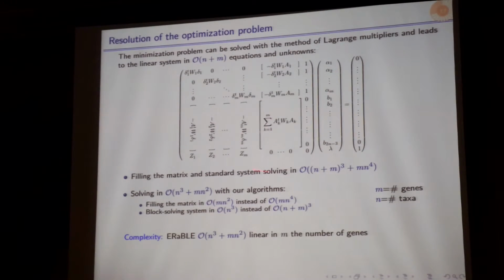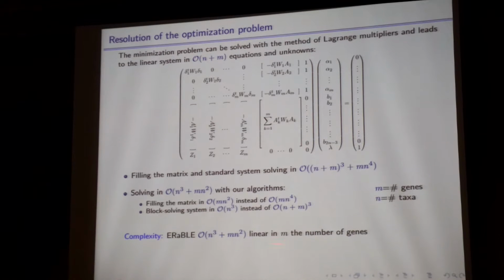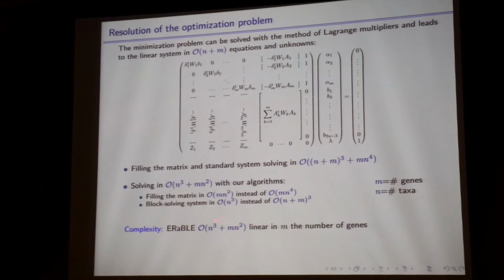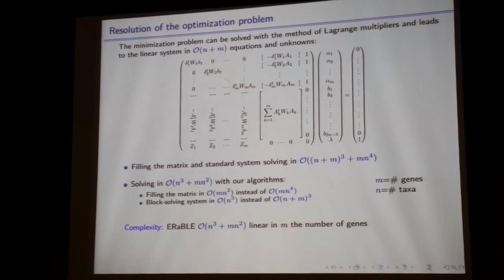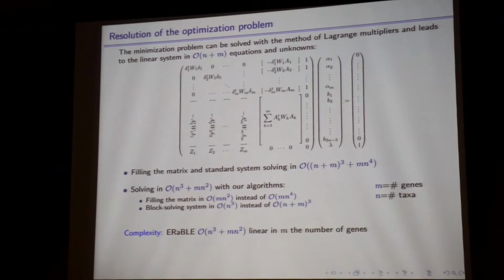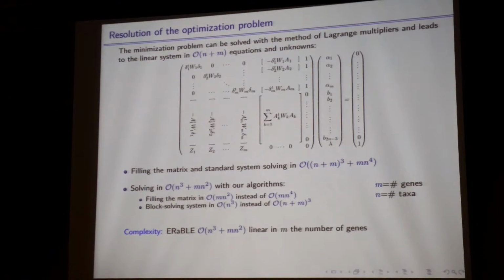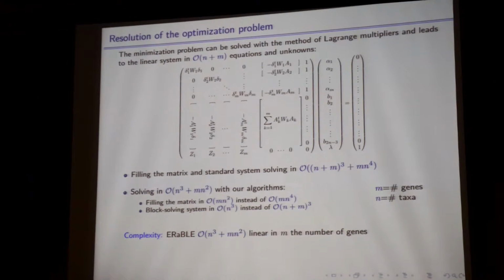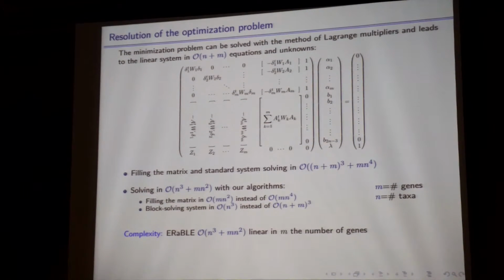What is important in this complexity is that it is linear in n, the number of genes. So we are able to deal with phylogenomic data sets where n is in the order of several thousands.